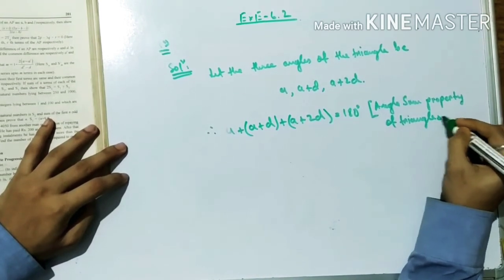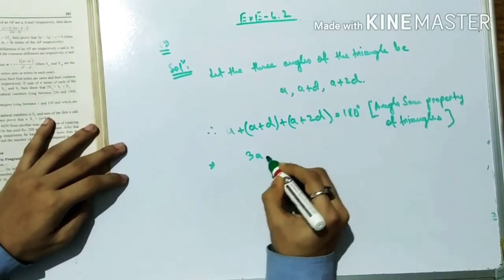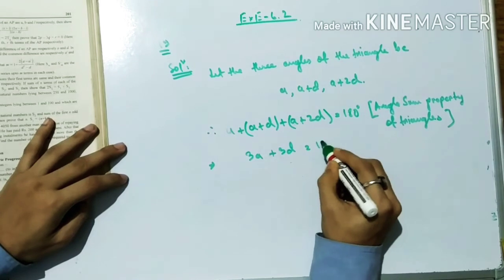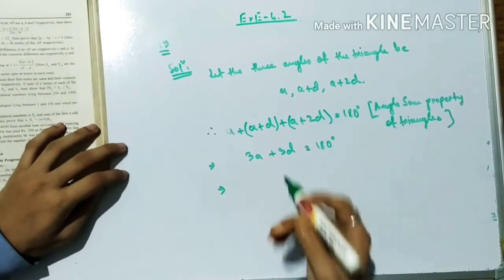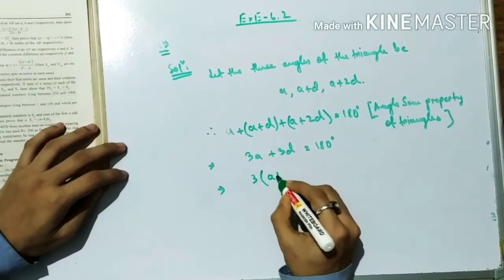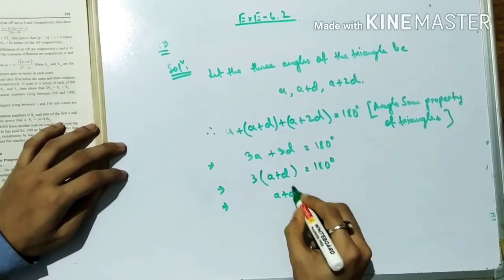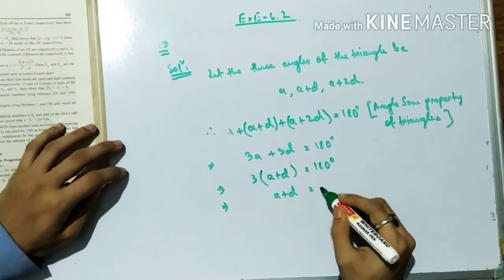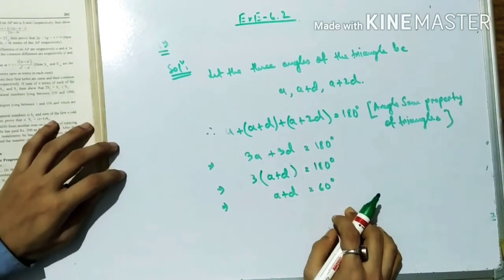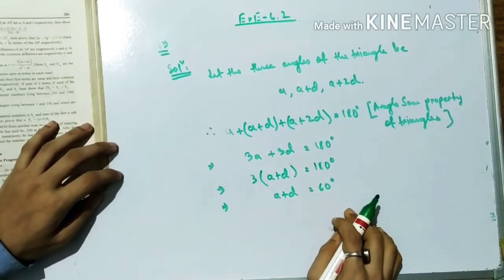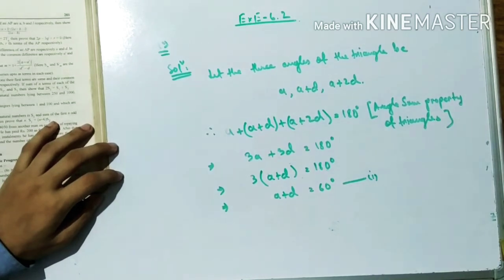Solving, I get 3A plus 3D is equal to 180 degrees. Taking 3 common, A plus D is equal to 180 divided by 3, which is 60 degrees. Let me call this equation number 1.